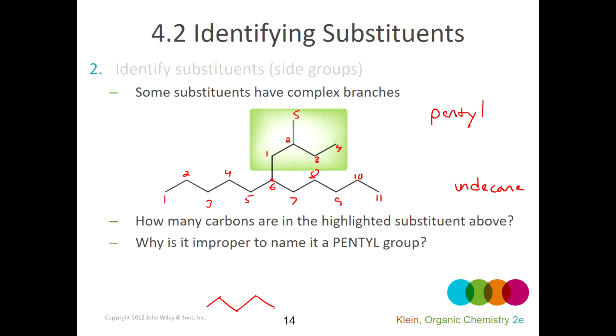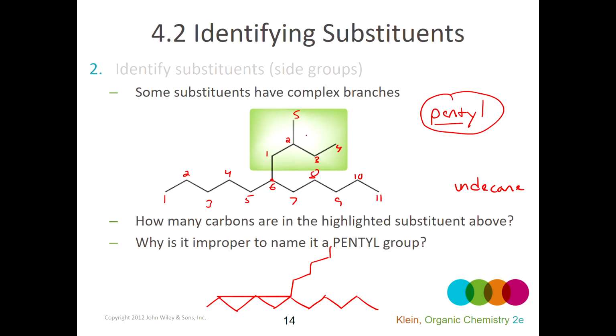If I've made 11 carbons, 1, 2, 3, 4, 5, 6, 7, 8, 9, 10, 11 carbons, and put a pentyl group there, well, 5 carbons would just be 1, 2, 3, 4, 5. If it's fully extended and there's no branching, that's what pentyl actually means. So the word pentyl implies I've got 5 carbons extended with no branching. If there's branching, I need to name it a little bit differently.